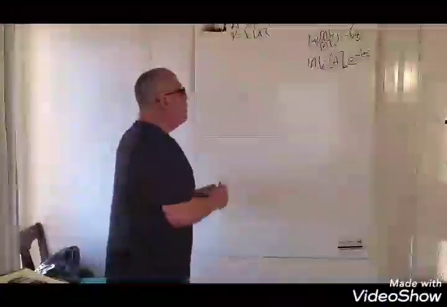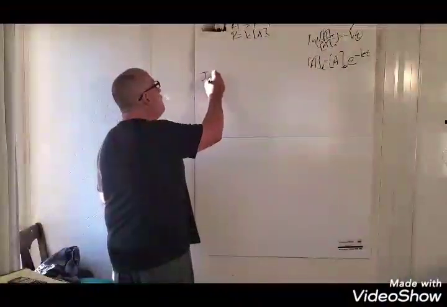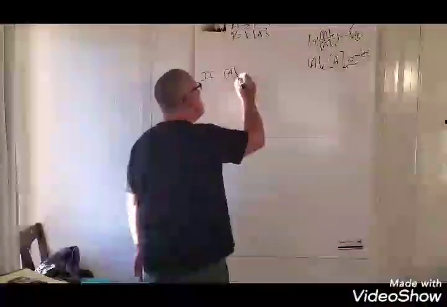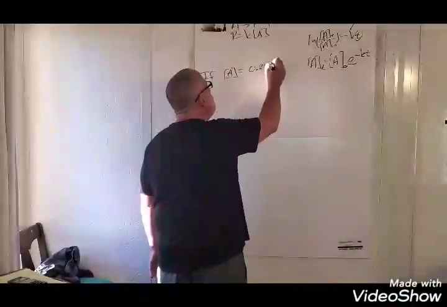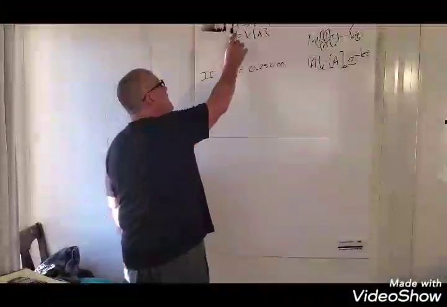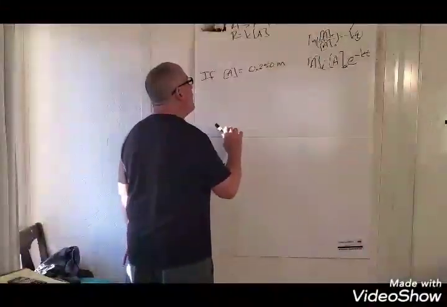Okay? So here, let's say, if the concentration of A is equal to 0.25 molarity, again, taking this reaction, A goes to P, and it is a first order reaction.